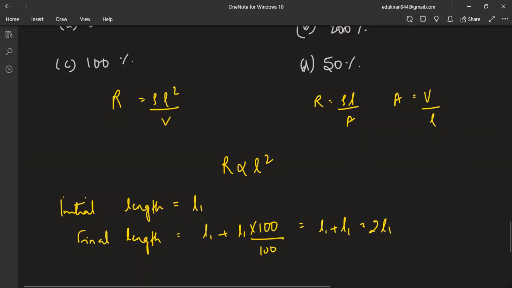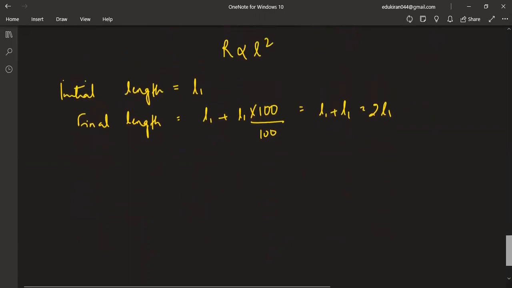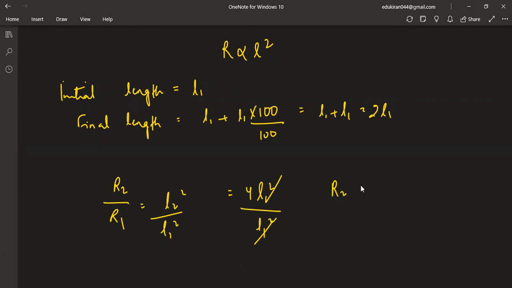So what will be the ratio now? You can take the ratio easily, and try to use the ratio method only in your NEET, because these things get easily cancelled. So R2 by R1 will be L2 square by L1 square, which is equal to 4L1 square by L1 square. So this gets cancelled. So new resistance is 4 times the earlier resistance, right?